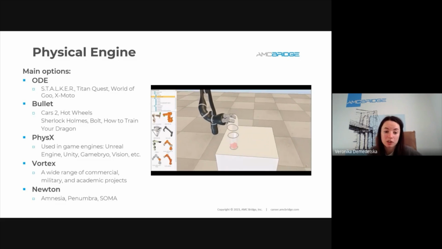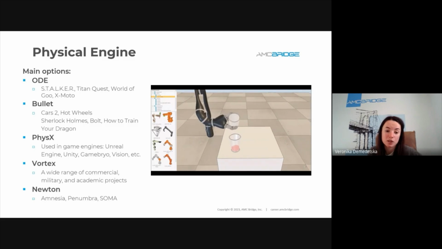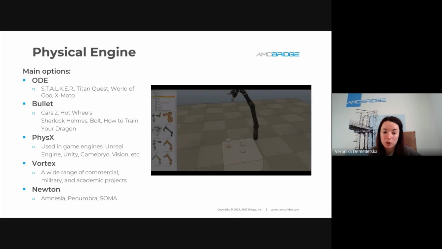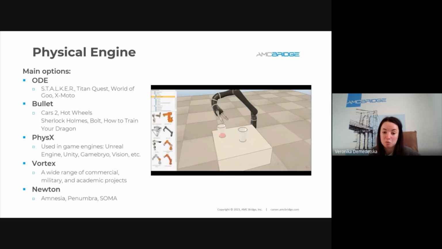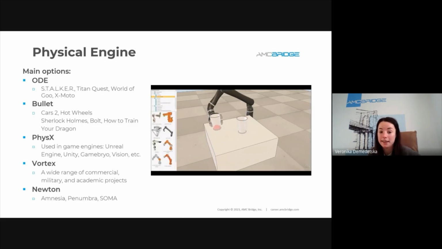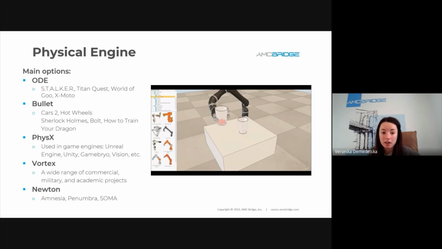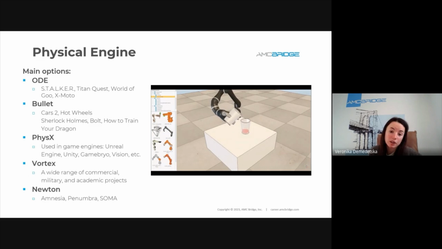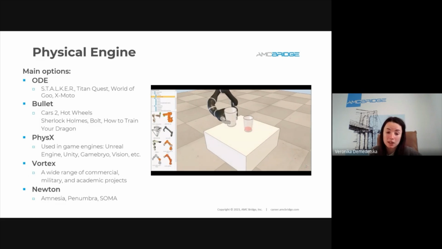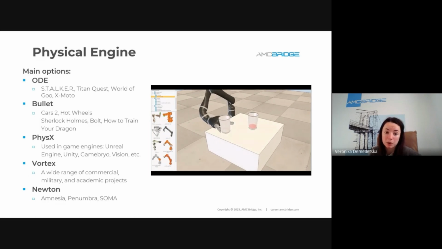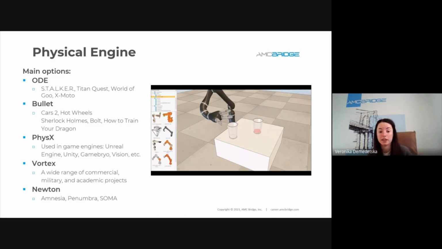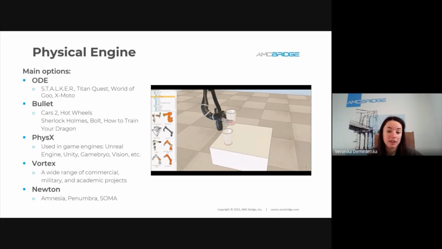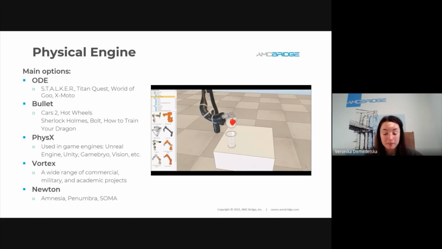Vortex is also a very interesting one. It's not free, and is used for academic projects, by militaries and in some other cases. Again, there are lots of options that you can find. It depends on your task, what exactly you want to simulate. Maybe you want something more lightweight and can find something that will fit and meet your requirements.